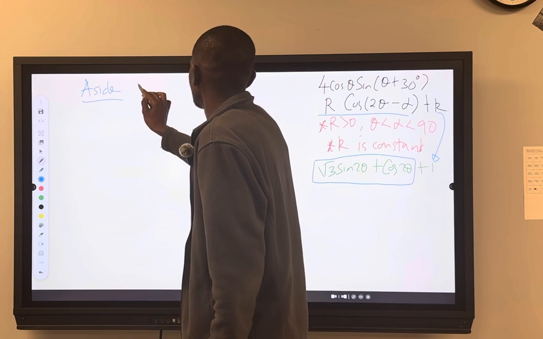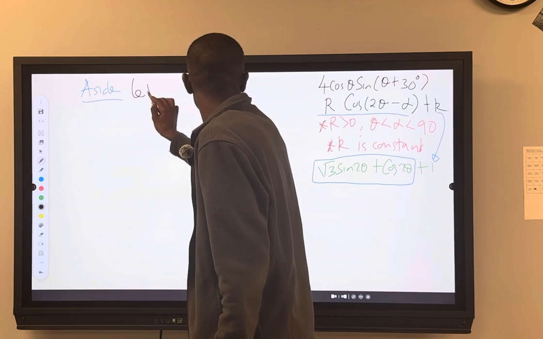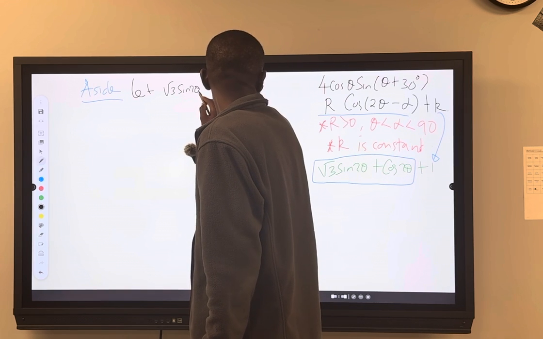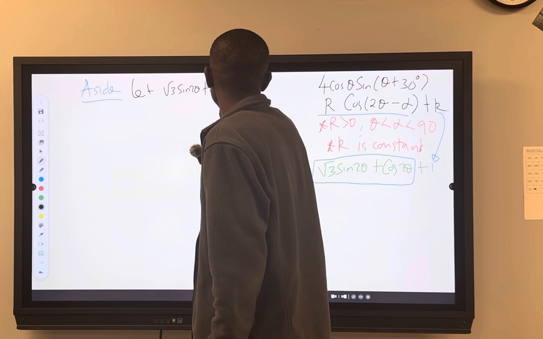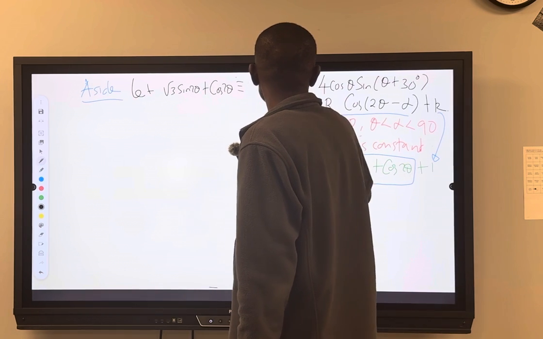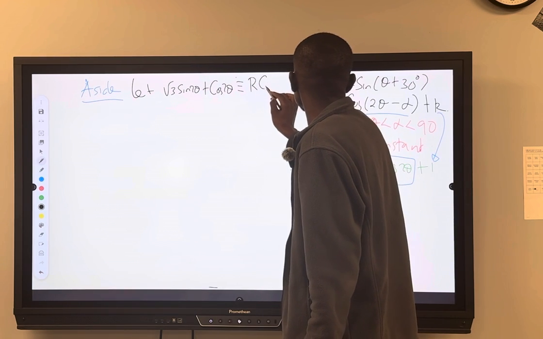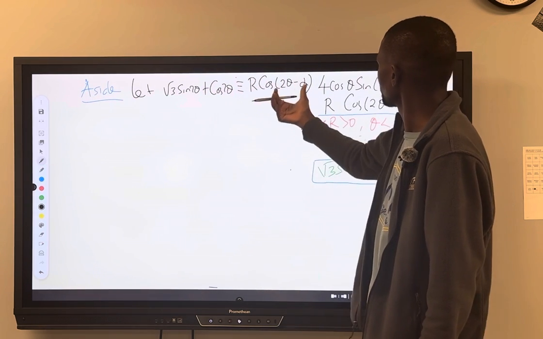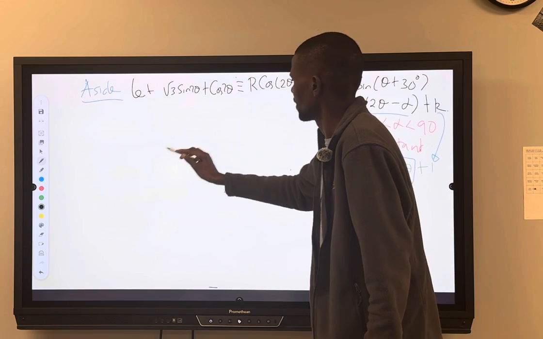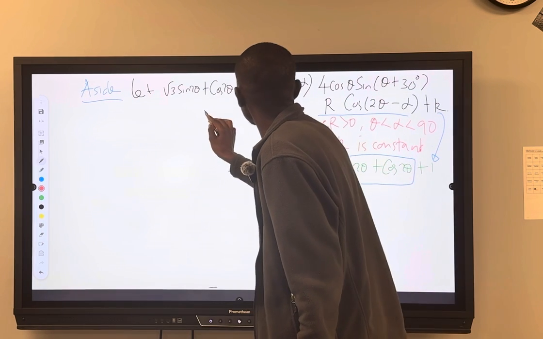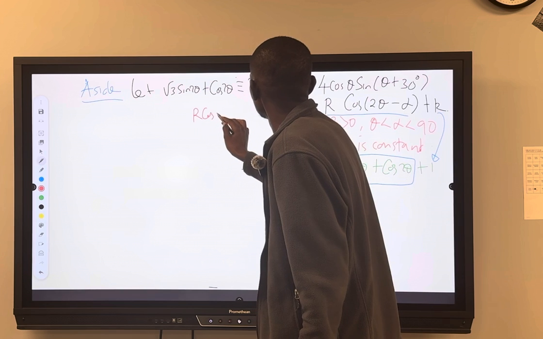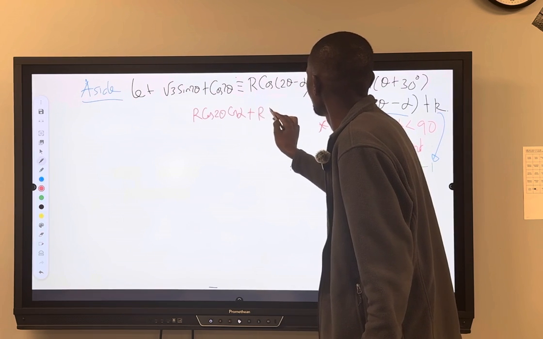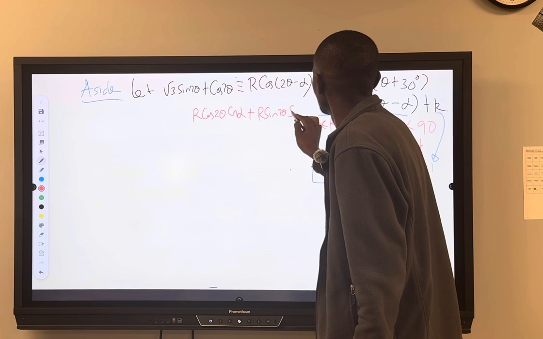We are going to let root 3 sin 2 theta plus cos 2 theta be identical to r cos(2 theta minus alpha). If I expand that side, I'll get r cos 2 theta cos alpha plus r sin 2 theta sin alpha.